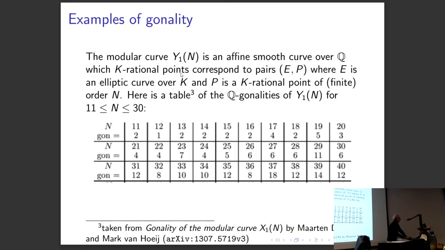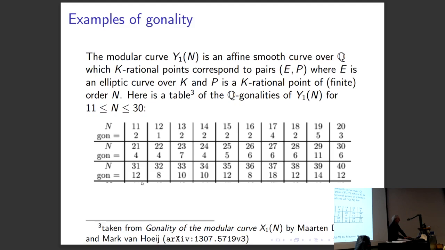So there's the modular curve. I'm giving you an example of gonality. There's the modular curve Y_1(N), and if I'm interested in the K-rational points of Y_1(N), it classifies pairs (E, P), where E is an elliptic curve over K, and P is a K-rational point of order N. Now, here's a table of gonalities, which you can get from Derickx and van Hoeij's paper.